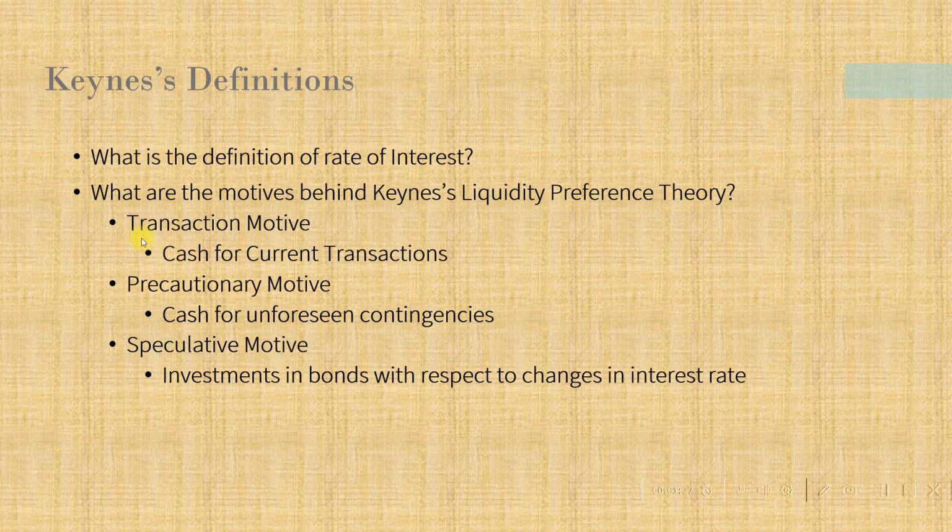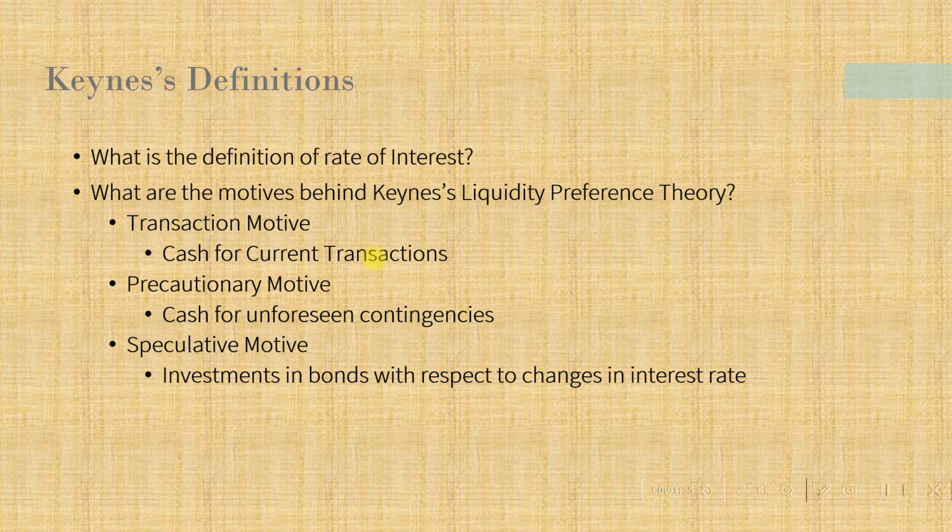In transaction motive, it is cash for current transactions. In other words, the transaction motive or the income motive relates to the demand for money or a need for cash for current transactions of business exchange, and individuals hold on to the cash to meet or bridge the gap between their expenditure and the receipts of their income.